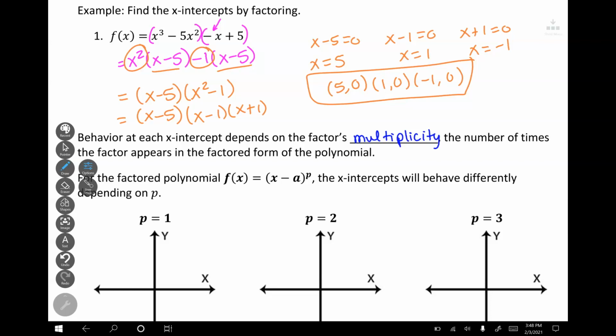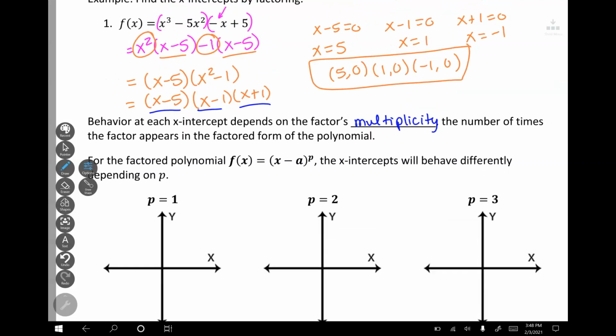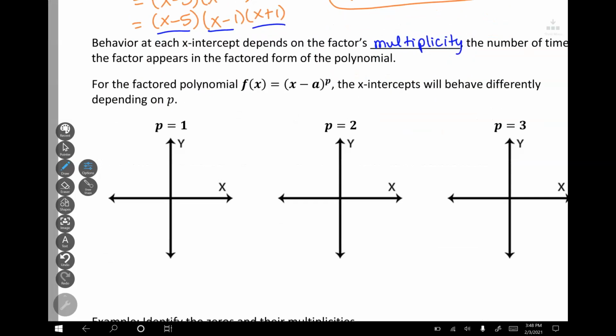So for example, in this one, each factor only appeared 1 time, so each factor has multiplicity 1. But you could have something like x plus 1 squared after you factored it. Then that factor would have multiplicity 2. You can have multiplicity 3, multiplicity 4. You can have any multiplicity that you want.